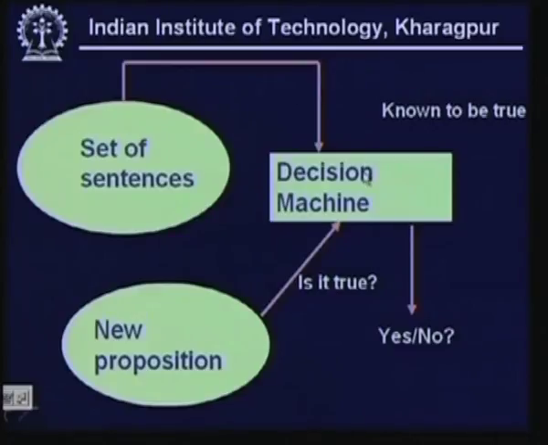That is what our proof mechanism is, nothing other than that. So if we have a set of sentences which are known to be true, and a new proposition logically follows from that, then the decision machine will be able to say that yes, this is true. That is how our basic inference mechanism goes on.